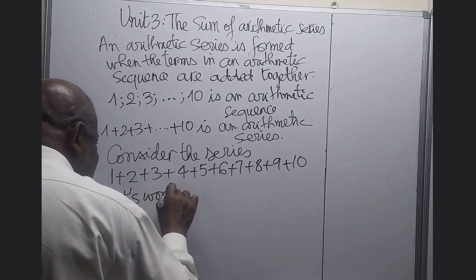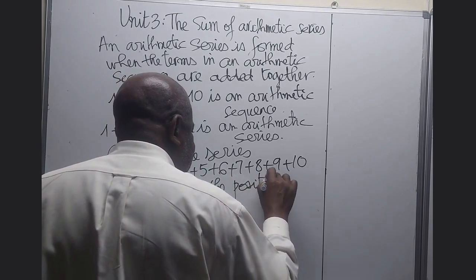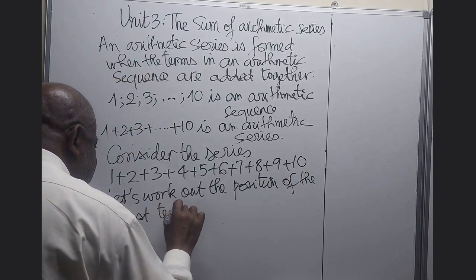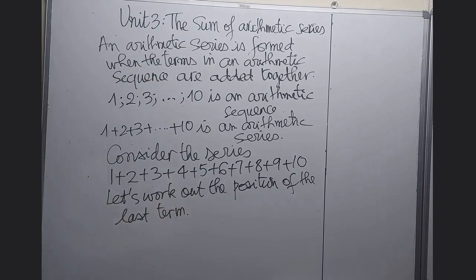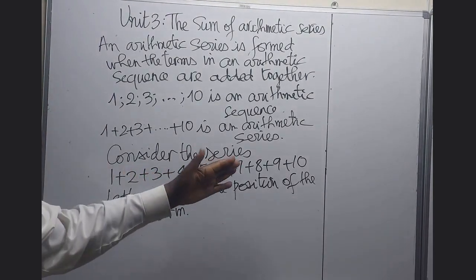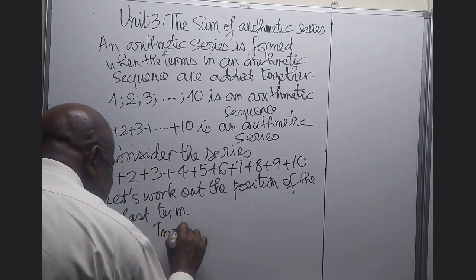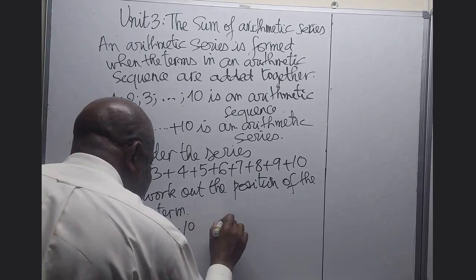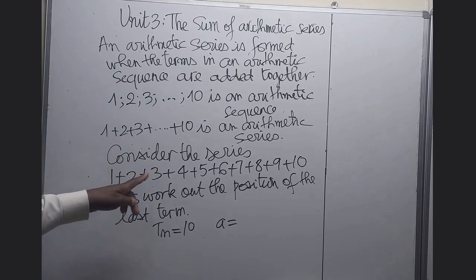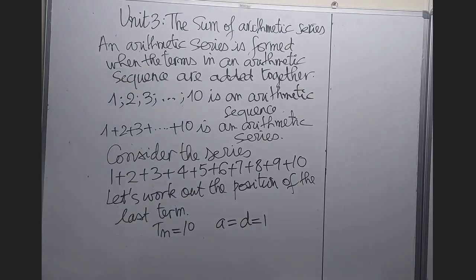If we want to get the position of the last term in this arithmetic series, we can see this: let's consider that the nth term is going to be 10. The first term is 1, and the common difference is also 1. So a is equal to d is equal to 1.